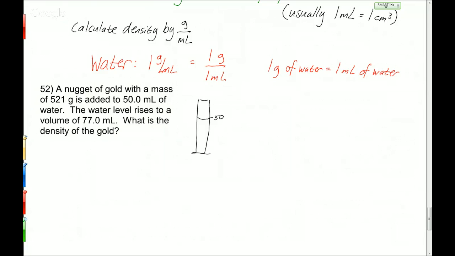We put in the gold. I don't have yellow, but we'll say it's green. Now the water is up at 77, and the gold is in the bottom. So the difference between those two levels is the volume of the gold.